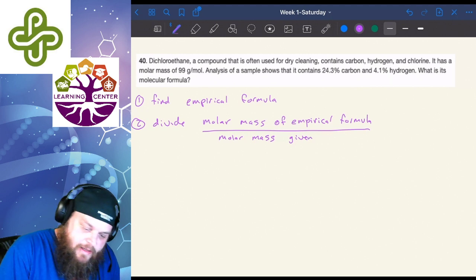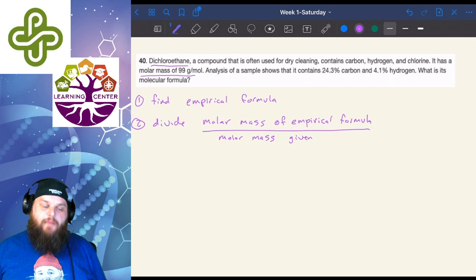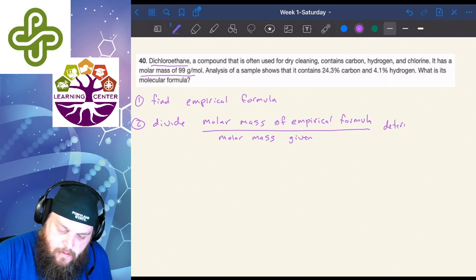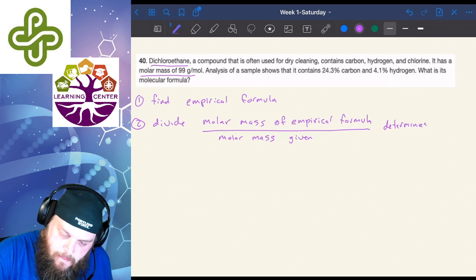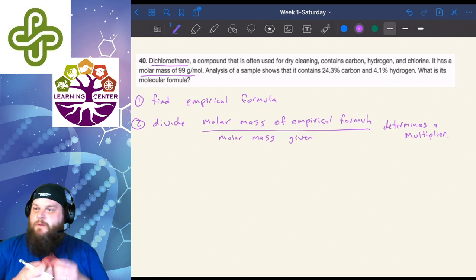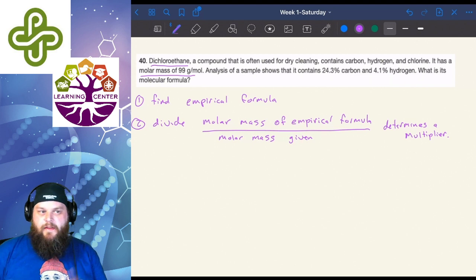In this case, they give us the molar mass of dichloromethane, 99 grams per mole. And that determines a multiplier. So once we find our empirical formula, we multiply all of the atoms in there by this multiplier to find the molecular formula.